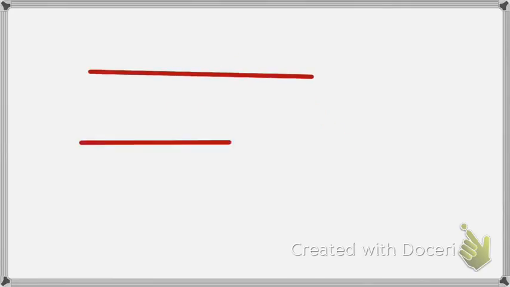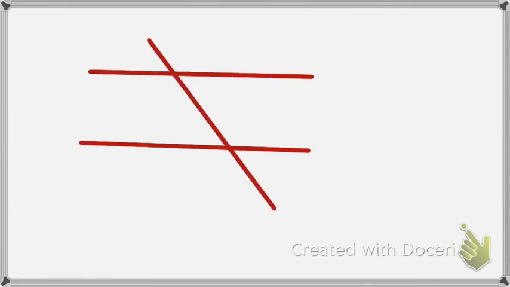You could be asked about this right here, where we have three lines, two of which are parallel. Okay. We got to remember that all of these obtuse angles are equal to each other. All of these acute angles are equal to each other. All right, those are all congruent to each other.